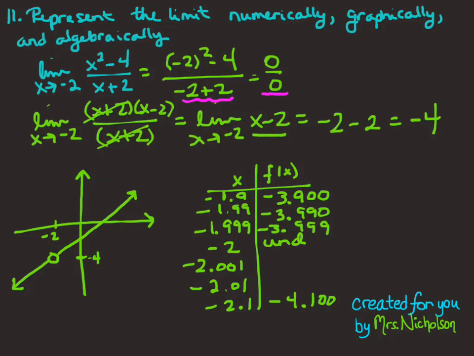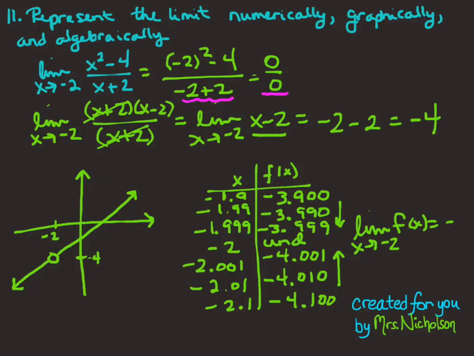If I plug in negative 2.01, I get negative 4.010. And finally, if I plug in negative 2.001, I get negative 4.001. So you can see numerically that these numbers on both sides are approaching negative 4. And therefore the limit as x approaches negative 2 of this function is equal to negative 4.